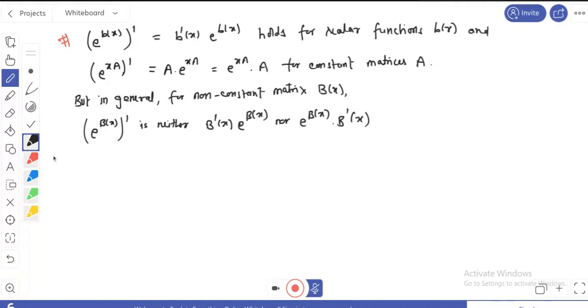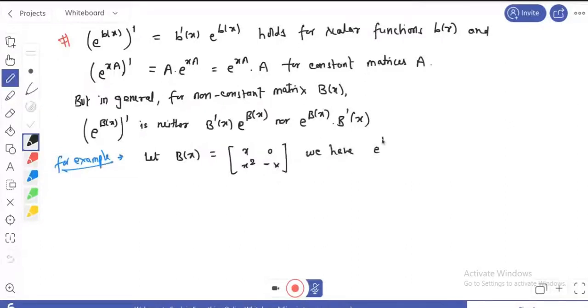Okay, so if you have to check how this is correct or not, you take any matrix bx, which is a function of x. So we take a simple matrix that is 0, minus x. Okay, and you find what is the value of exponential of that.